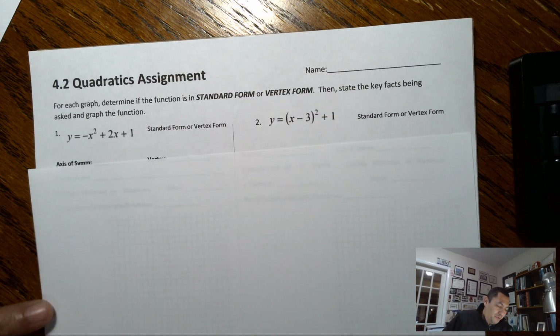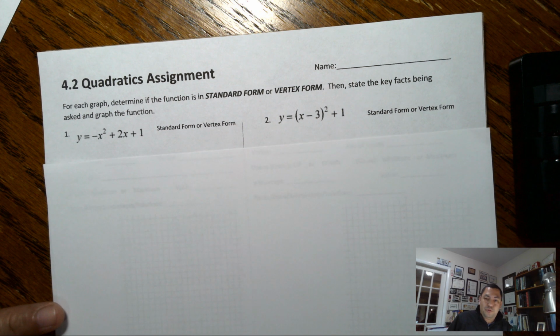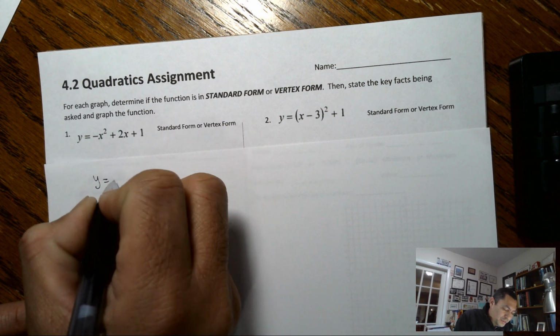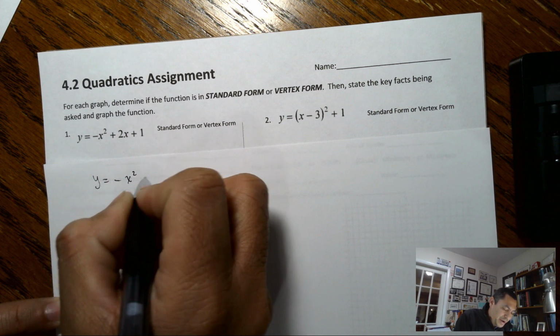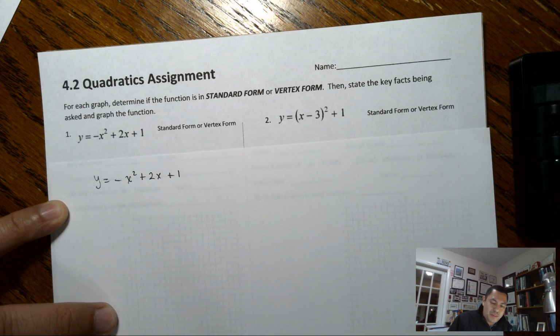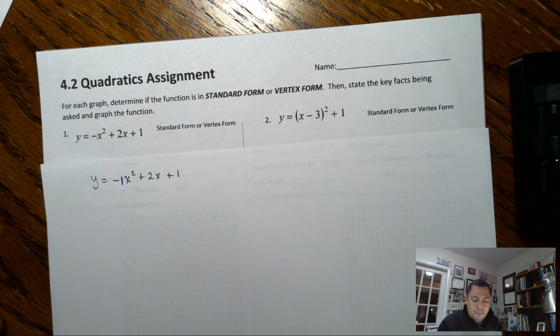So for example, for problem number 1, what I'm going to start doing, and as you can see, I'm going to use a separate piece of paper to do all the steps. So I have y equals negative x squared plus 2x plus 1. Now, remember, I usually like to write 1 if I'm missing that number.